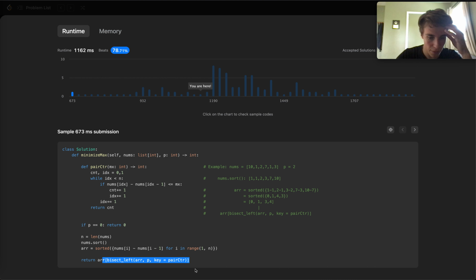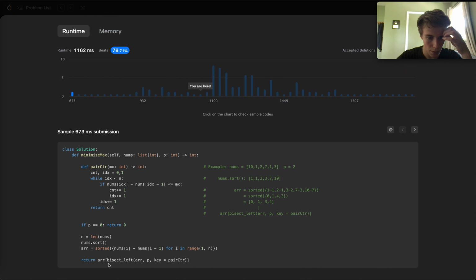So bisect left, given an array and some value, will tell you where to insert that value so the array is still sorted.